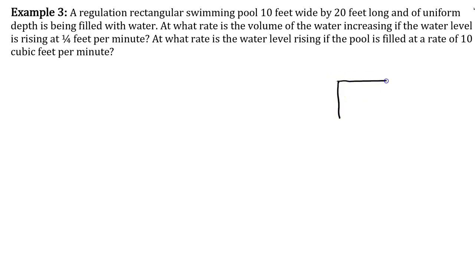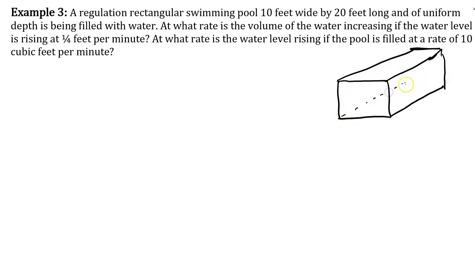If we have a rectangular swimming pool, and a lot of the times they will do this, they'll simplify the problem as much as they can because the interesting shapes come later, and pardon my bad drawing.